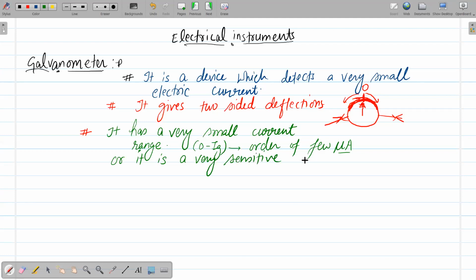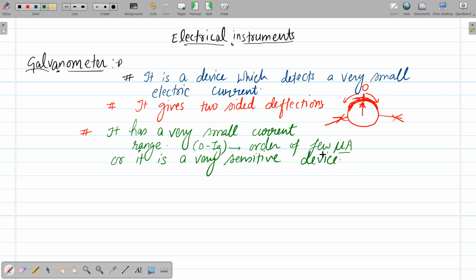What do you mean by sensitiveness? Sensitiveness means for small input, if we get large output, then we say that the device is more sensitive.